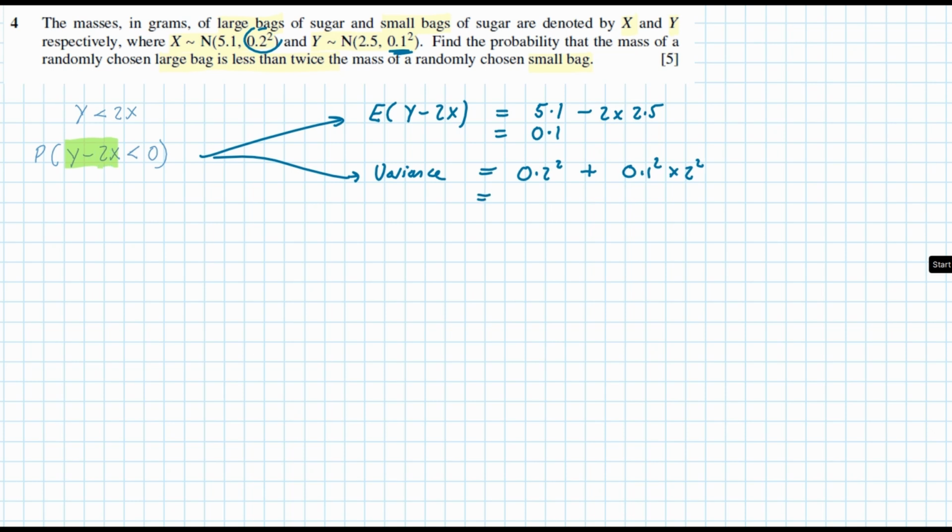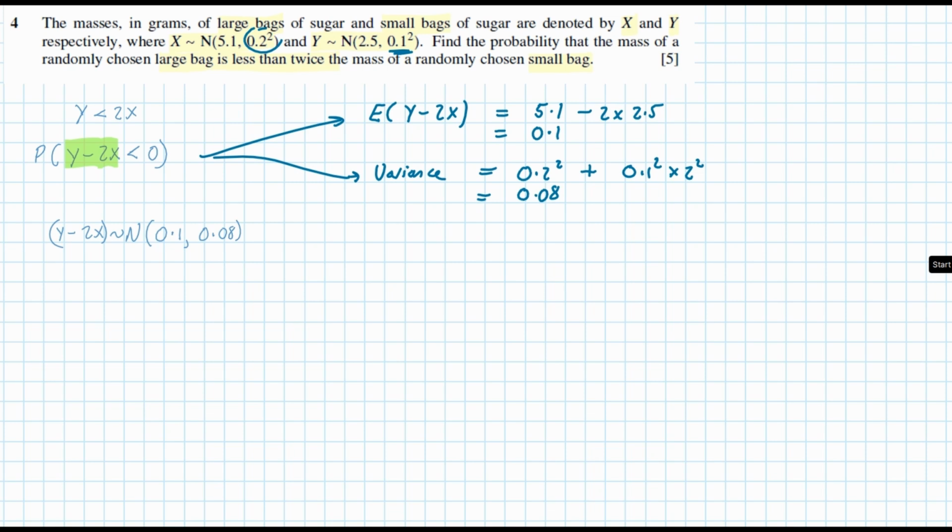Now when we chuck this all together, what is that? I think it's 0.08, isn't it? 0.2 squared plus 0.1 squared times 4. Yeah, 0.08. Okay, now once we've got to this point, we can now say that Y minus 2X is normally distributed, and we've got 0.1 as our mean, and 0.08 as our variance.